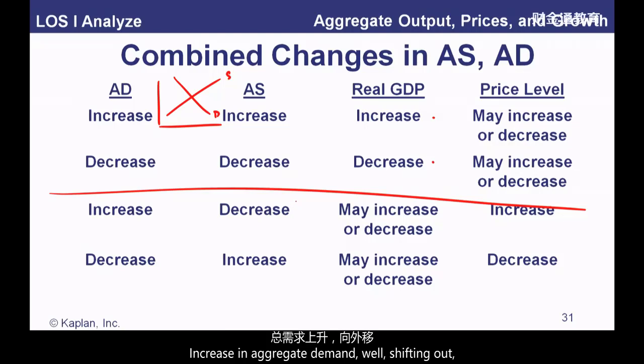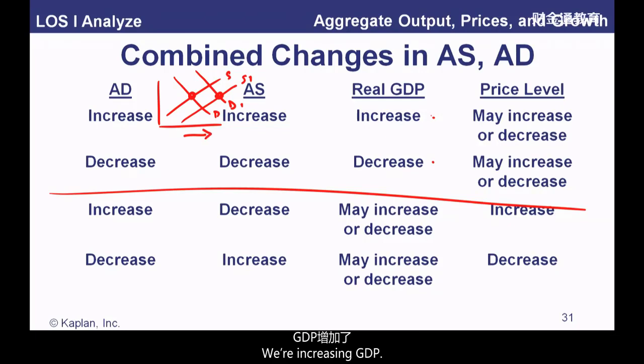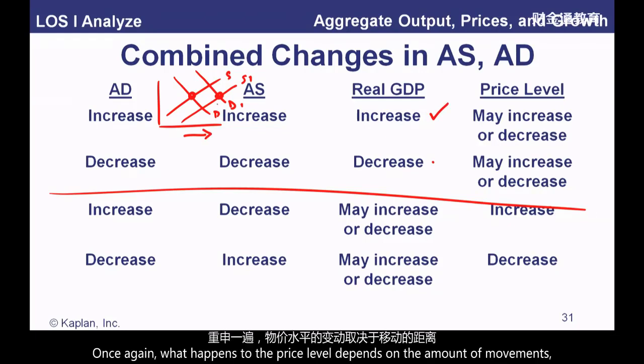Increase in aggregate demand, well, shifting out. Increase in aggregate supply, shifting out. We started off here. Our new equilibrium is here. We are increasing GDP. But once again, what happens to the price level depends on the amount of movement.